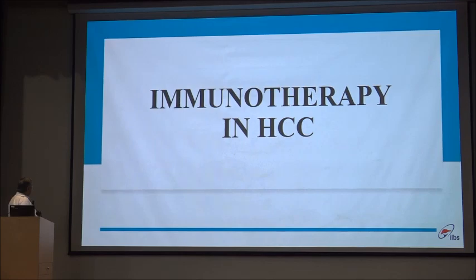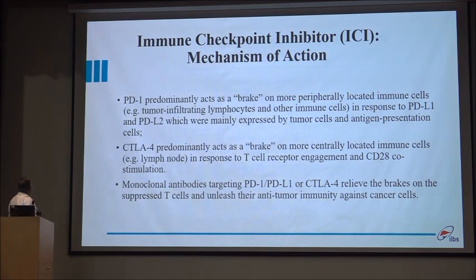Immunotherapy in HCC: there is a long list of immunotherapies. Their mechanism of action: PD-1 predominantly acts as a brake on more peripheral local immune cells, that is tumor-infiltrating lymphocytes and other immune cells, in response to PD-L1 and PD-L2, which are mainly expressed by tumor cells and antigen-presenting cells.